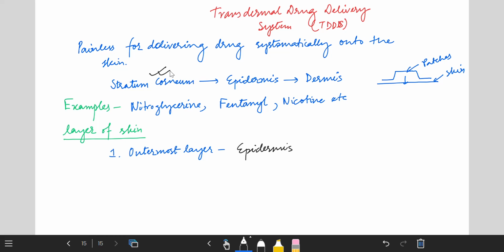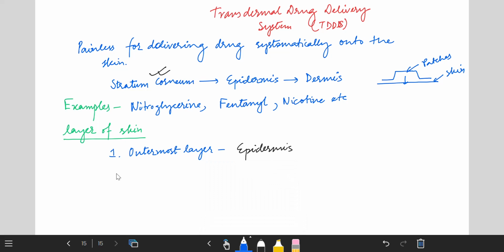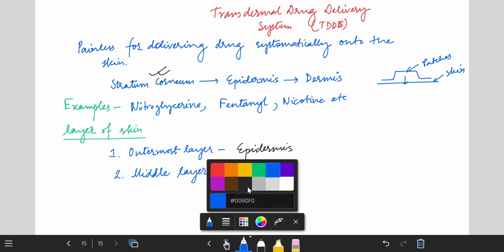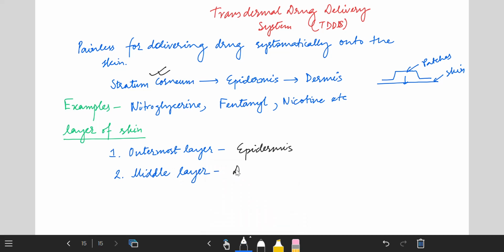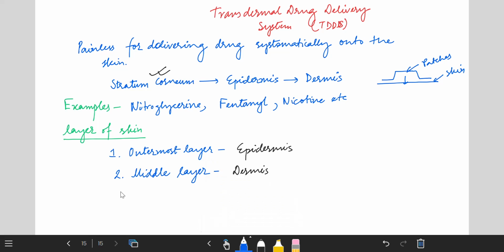Okay. Now, the second layer is the middle layer. That is known as dermis. And the third layer is the innermost layer.